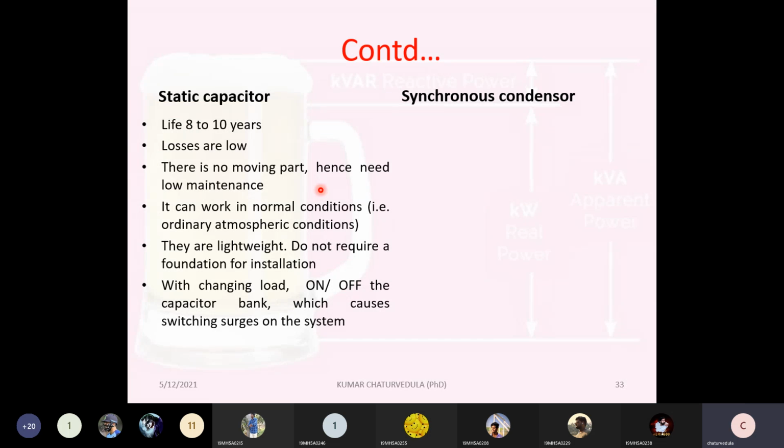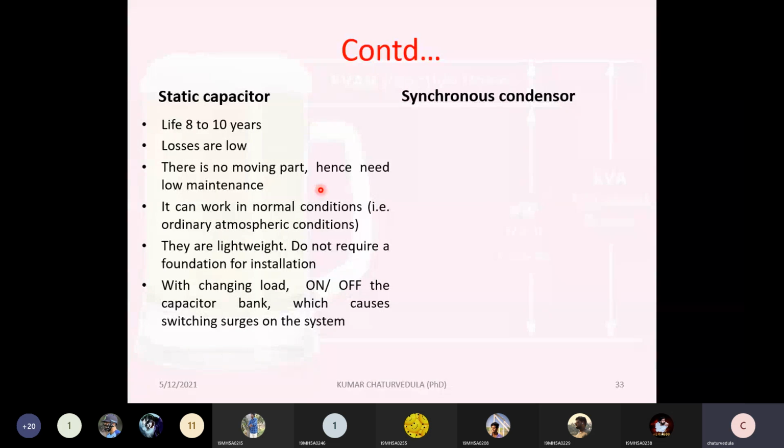There is one problem with static capacitors: the loads keep on changing. As we discussed yesterday, loads depend on season and time. Sometimes the load will be high, in some hours the load will be low, and seasonally the load also changes frequently.